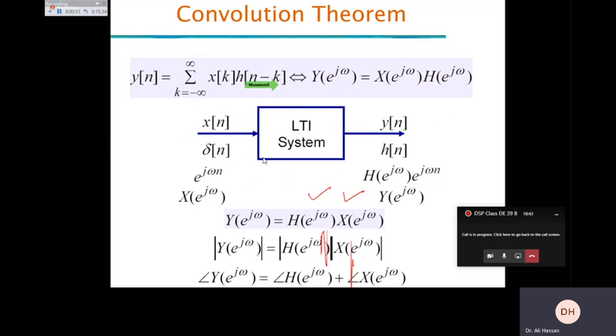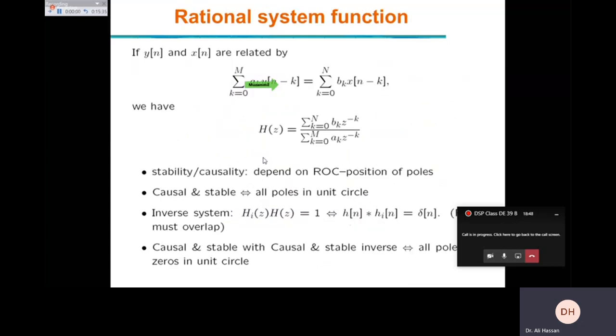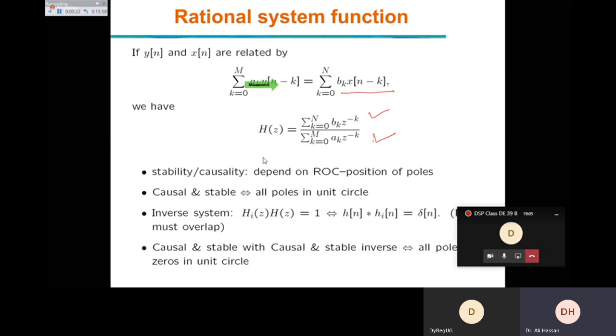And for an IIR system, we have the transfer function as a rational transfer function, which has a numerator and a denominator. The coefficients of x in the difference equation, the previous and the current values of x, appear in the numerator of the transfer function, and the coefficients of y appear in the denominator of the transfer function.